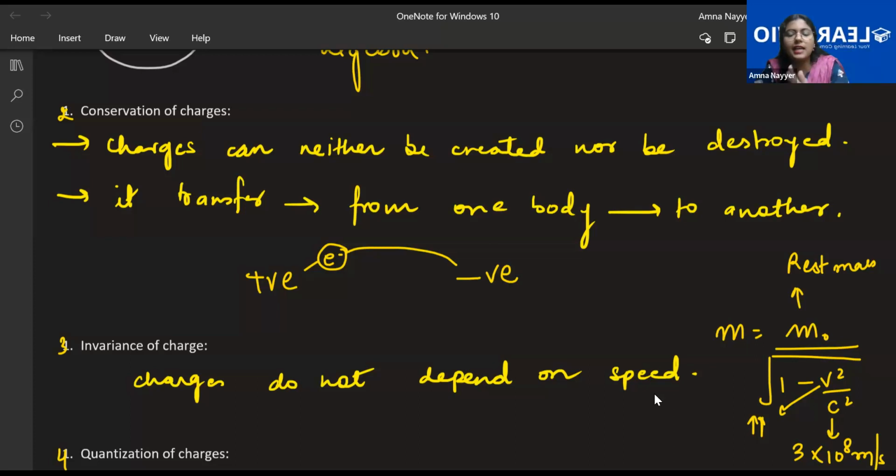Every charged particle has its mass, except photons, whose mass is zero. But don't go into this much detail; it is not required at your level. What you need to remember is that charges do not depend on the speed because the speed is so high, so the ratio gets divided and it becomes independent. Is this third point clear?